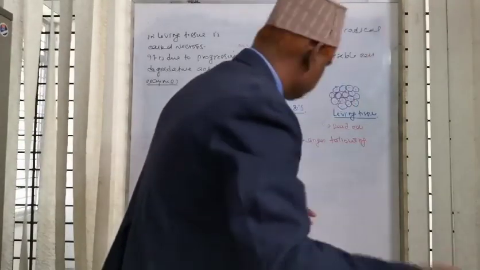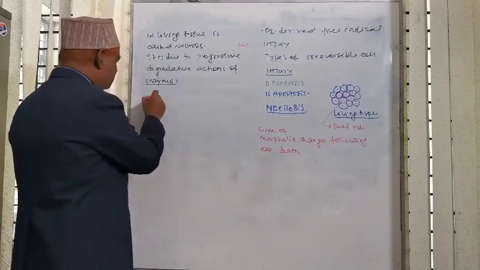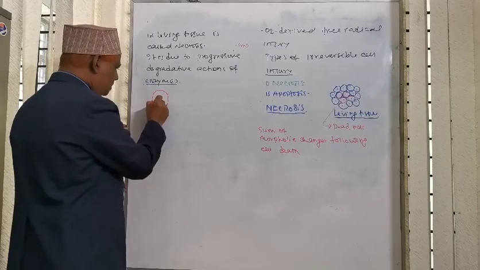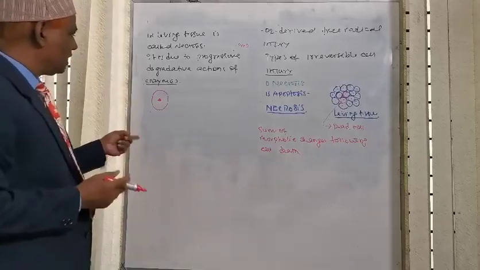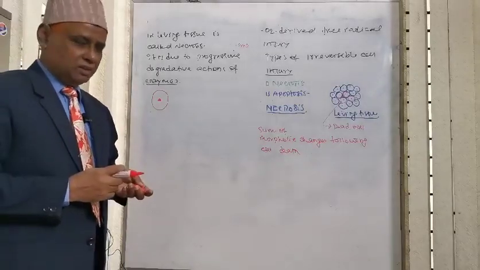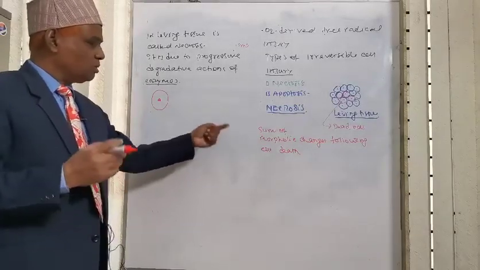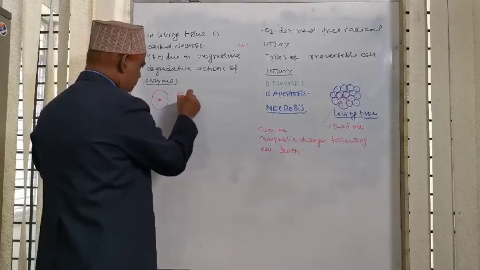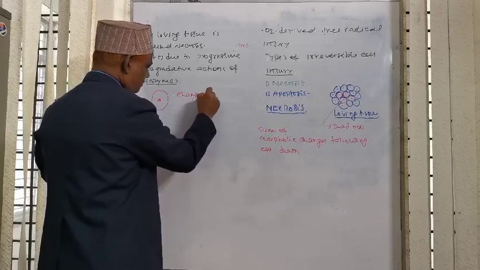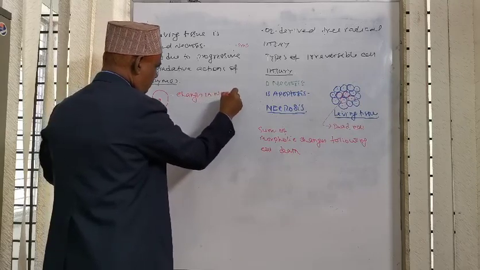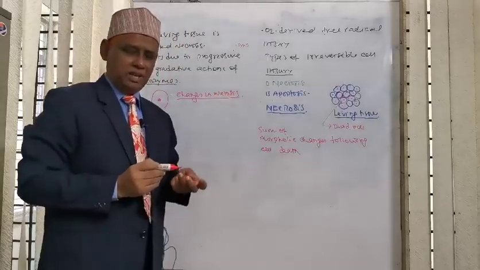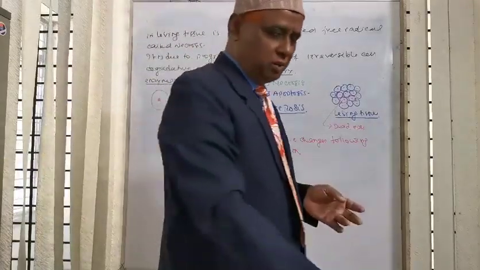Now if a cell undergoes necrosis, what are the changes that occur within the necrotic cell? Summation of morphologic changes. What are the morphologic changes in necrosis? Change may occur in the cytoplasm and also in the nucleus.